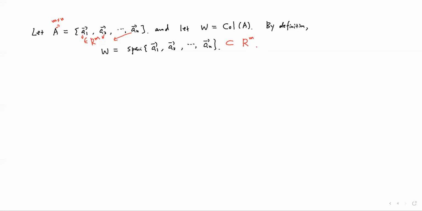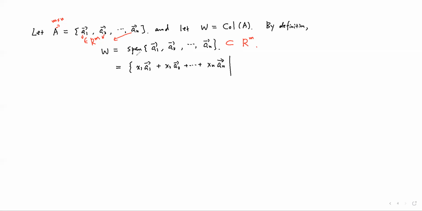Further, W is the set spanned by the columns. What does it mean? Span, linear combination. That means x1 times A1, x2 times A2, xn times An.